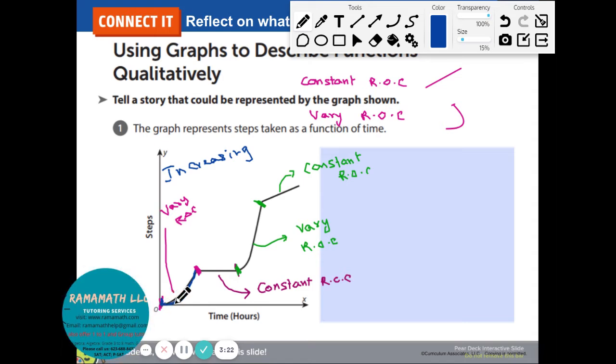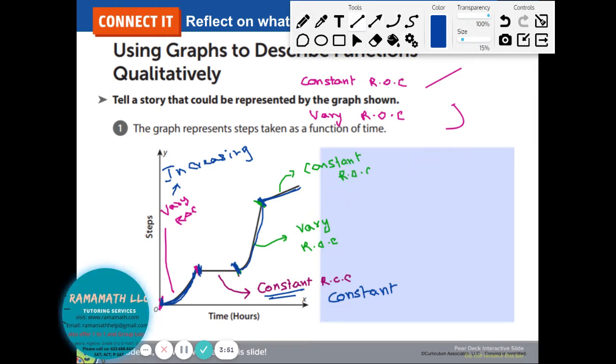So this piece is increasing. And then this piece, from here to here, it's constant. And again, from here to here, it's increasing, but vary rate of change. And then this, from here to here, it's constant increasing, because you can see it's constantly going up.